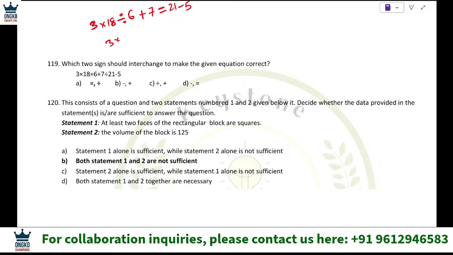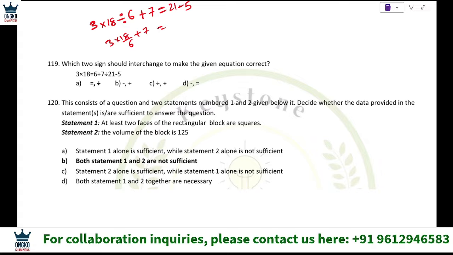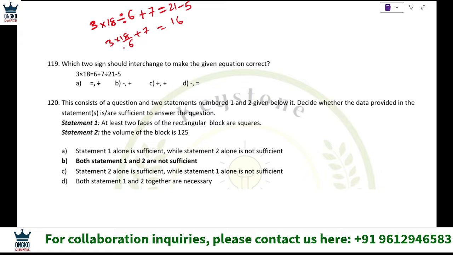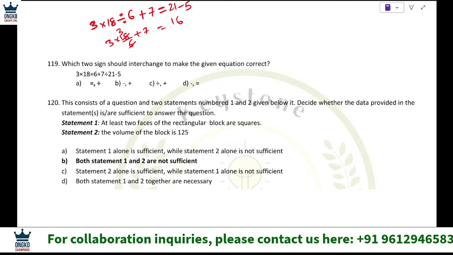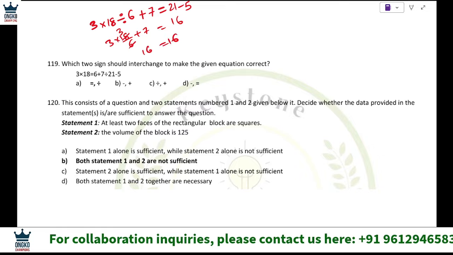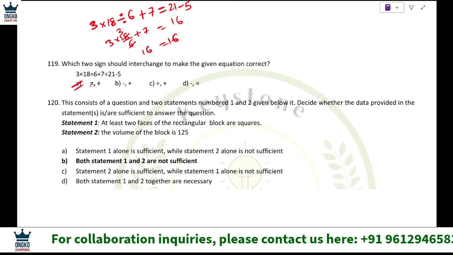So 3 into 18 by 6 plus 7 is equal to 21 minus 5 will give us what? 16. So here 18 by 6 is 3, 3 times 3 is 9, 9 plus 7 will give us what? 16 is equal to 16. Same. That means option A is the answer.